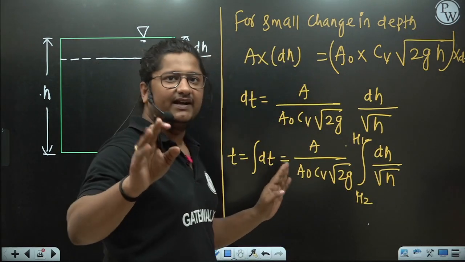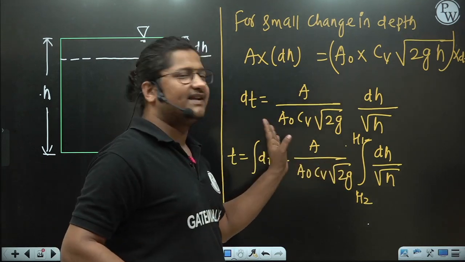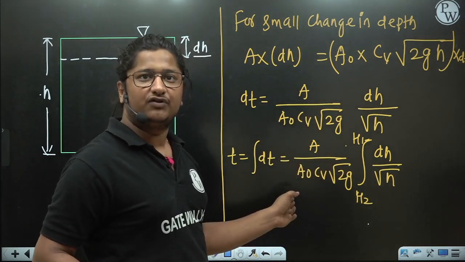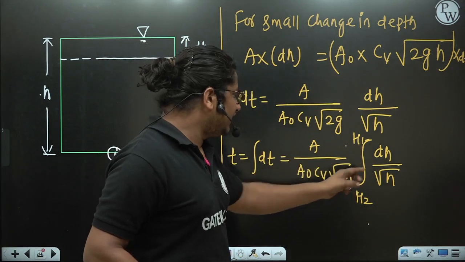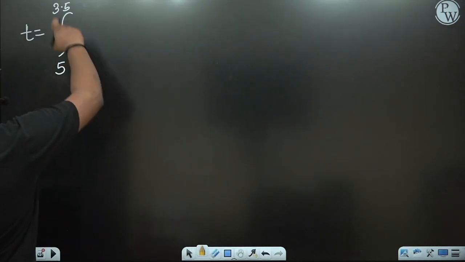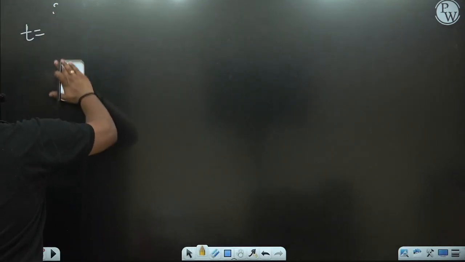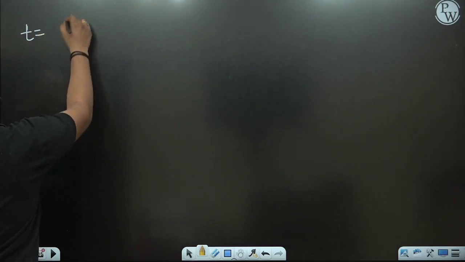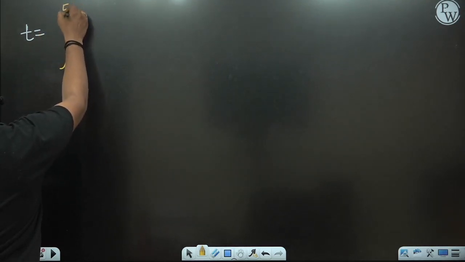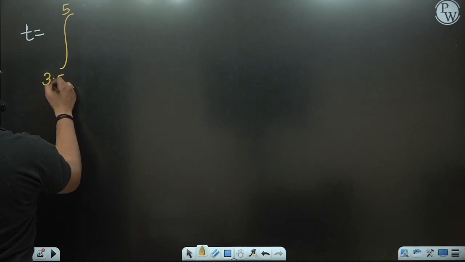It is a decrease, and you have to show that decrease. If I write 3.5 here and 5 here, the value will come out negative. Time will never be negative, so it is 5, 3.5. I hope you got it.